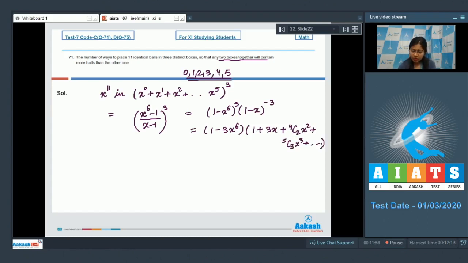Now we need coefficient of x raised to the power 11. So if we take 1 here, we need coefficient of x^11 and that is 13C11. Now minus 3 into x^6 we get from here. Now we need coefficient of x^5 and that will be 7C5, right?